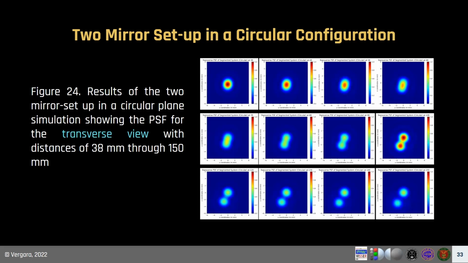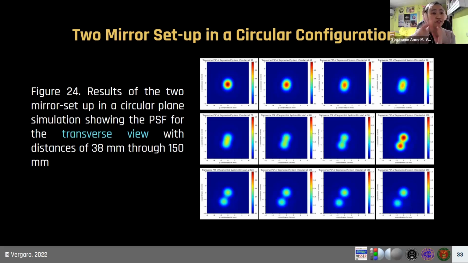With the assumption that the star is a point source very far away, the image that would be formed from the reflection at the optical system should still be a point, since the source is also a point.